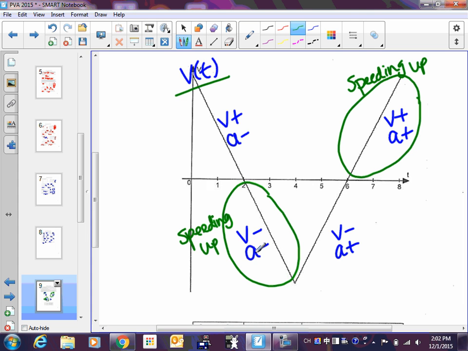This is why we come back to this whole, do velocity and acceleration have the same sign or opposite signs? Because this situation right here is not super intuitive. Like you want to think this is a slowing down part, but it's a speeding up in the opposite direction.